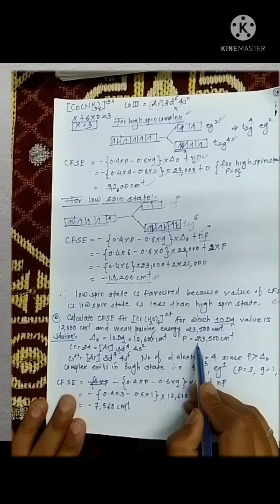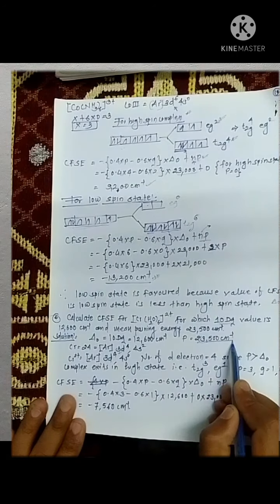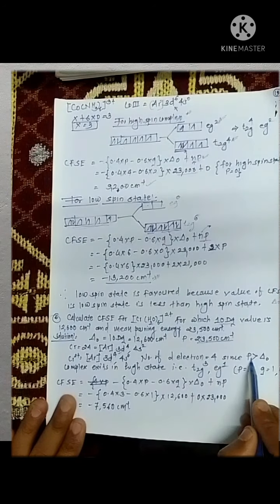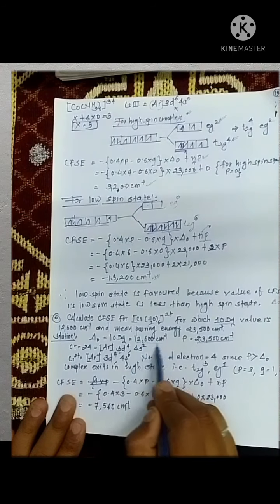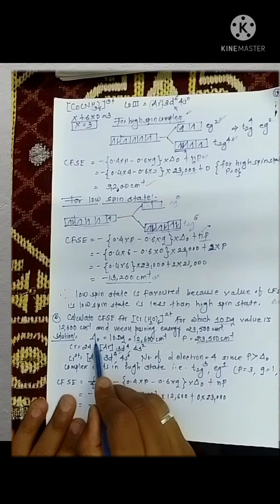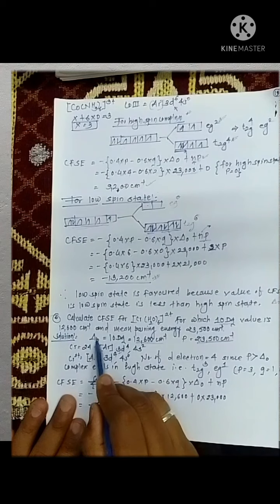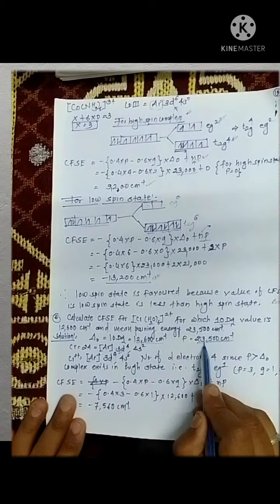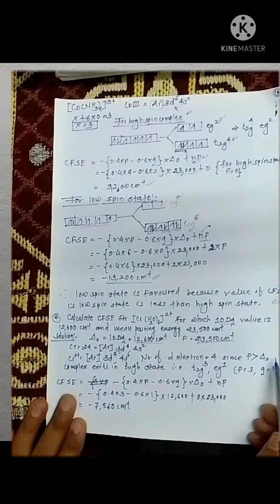Now from the given data we can directly say the pairing energy value is greater than the delta octahedral value. Pairing energy is greater than delta octahedral.